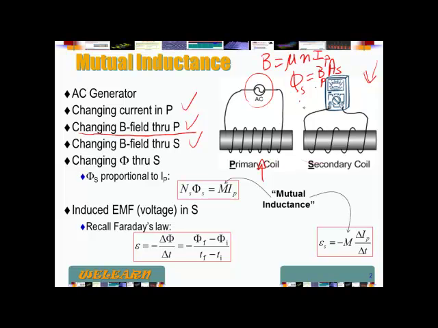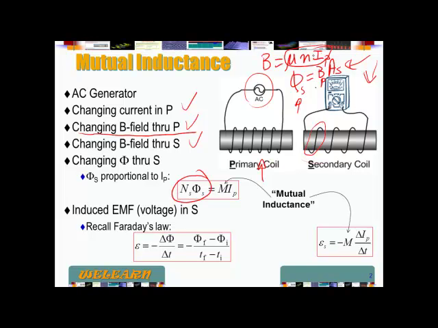Now, if we call phi s the flux through one loop, if I have n loops, I'm going to have a total flux of n sub s times phi sub s. Now, if we pay attention to this equation, it is B times A sub s, and B is mu times n times I sub p.